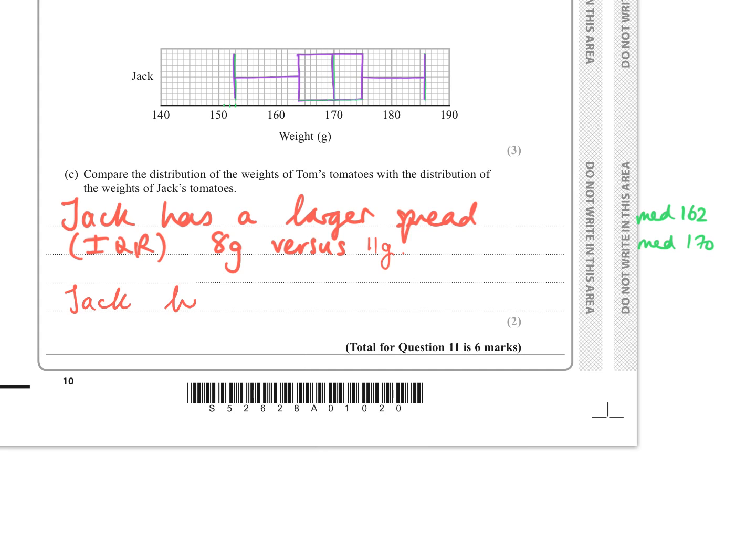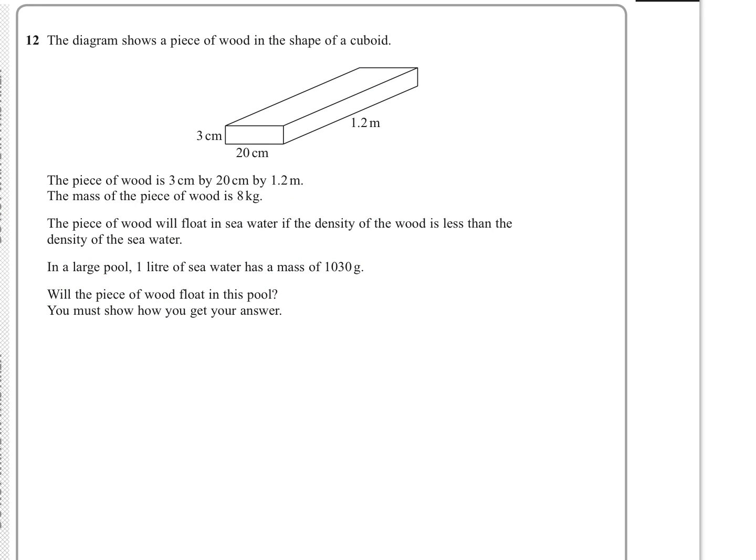Jack has a higher median weight. Let's just write that properly. And we'll give values as well, 170 grams versus 162 grams.